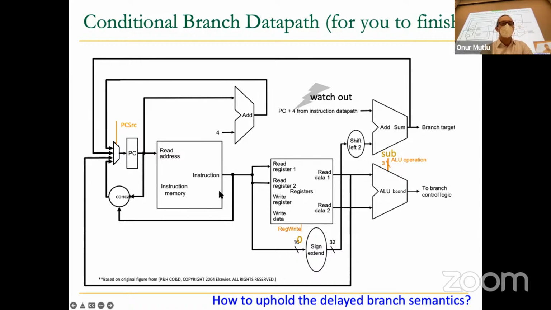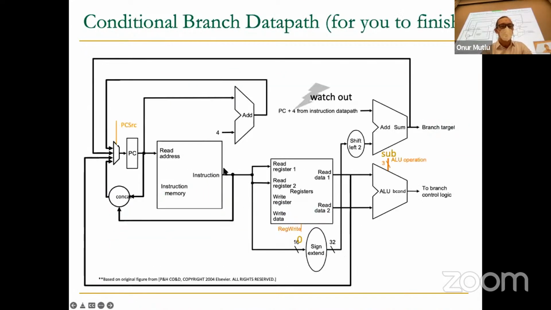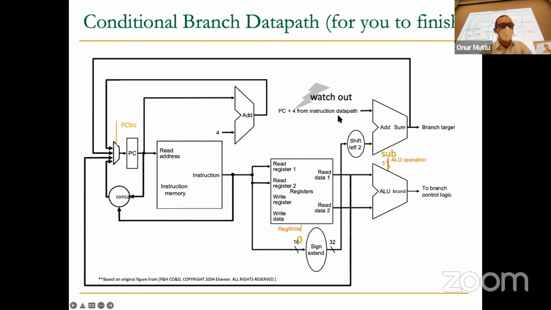And that specification, if we go back to it, is PC plus sign-extended immediate times 4. So where is that? We have the program counter. Actually, it's incremented PC again, so you need to be careful. So incremented PC plus 4, plus the sign-extended immediate coming from the instruction, as you can see, and add them together and put the result into the program counter, assuming the branch is taken, meaning this multiplexer is controlled in part by this condition that's coming out of the ALU.